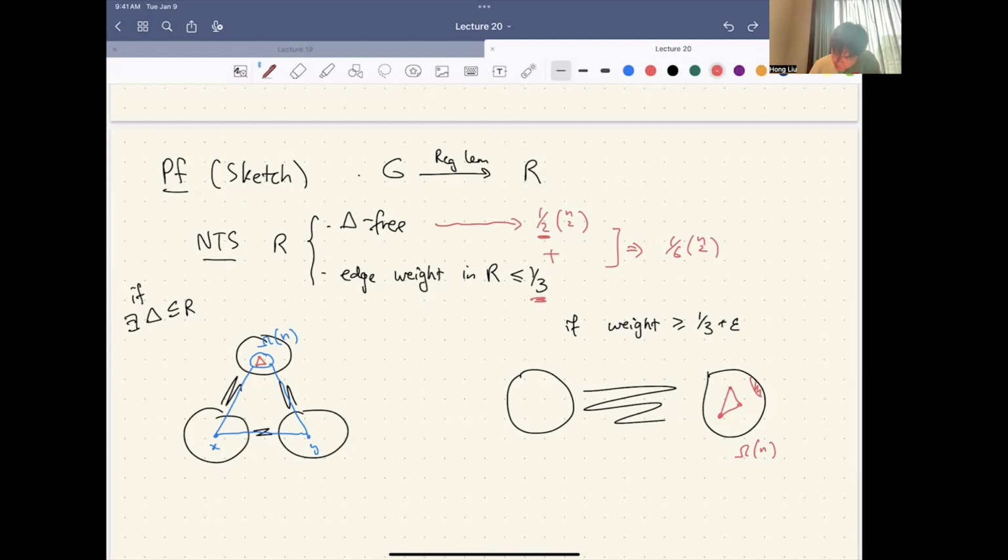So two of them, let's say these two, by pigeonhole. This then implies you have another triangle inside, you get K5. Very similar to the K4 proof.